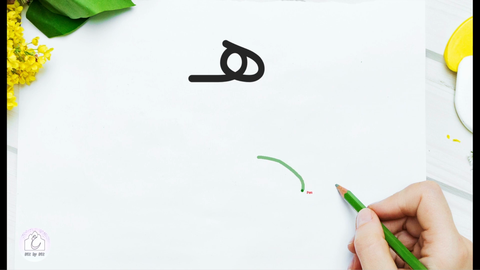Then we go left for a short segment that continues into a loop and another short segment. Please note that we draw it all in one stroke. A curved line moving clockwise, then a short segment to the left, a loop, and another short segment leading to the following letter.